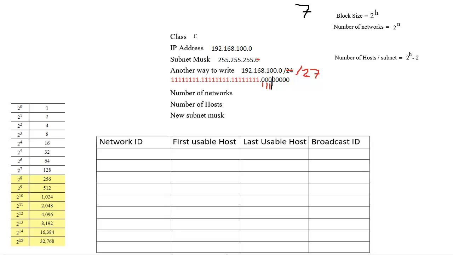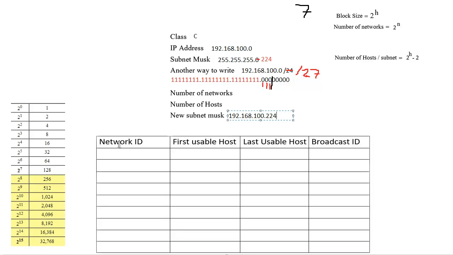So our subnet mask's 4th octet is now 224. So our new subnet mask is 255.255.255.224. So now we get our new mask.